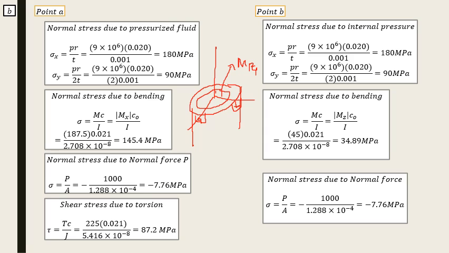Then from the book chapter 7.6, to determine the normal stress from pressure, it is from this equation. Sigma x is from the hoop stress and sigma y is from the longitudinal stress.